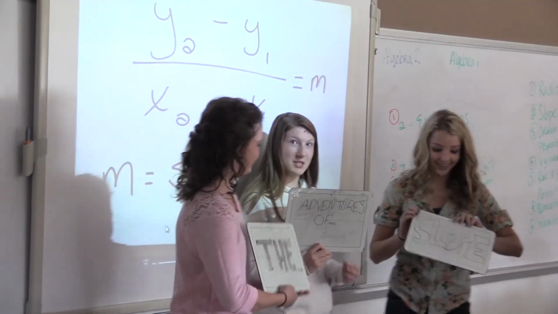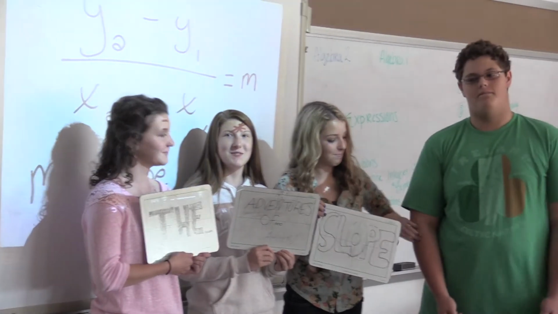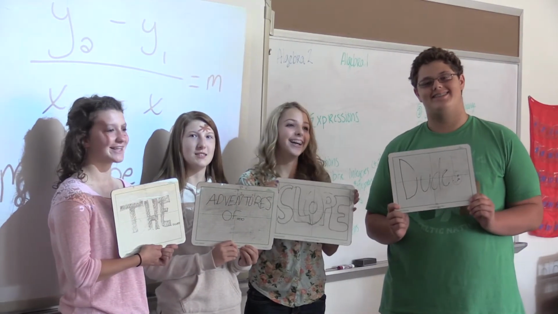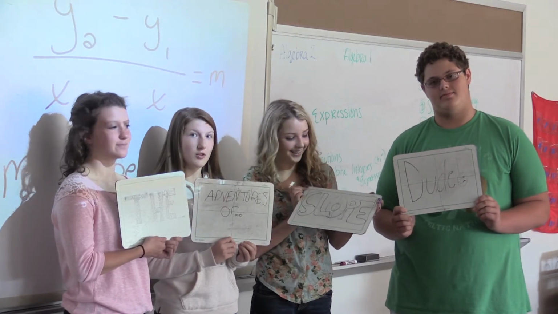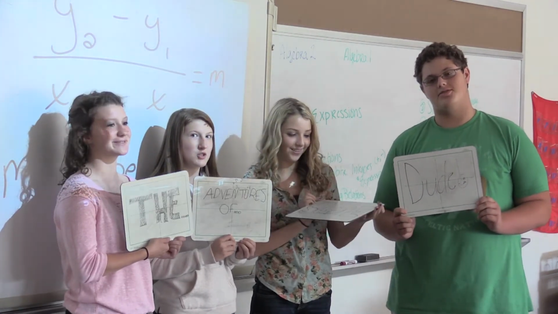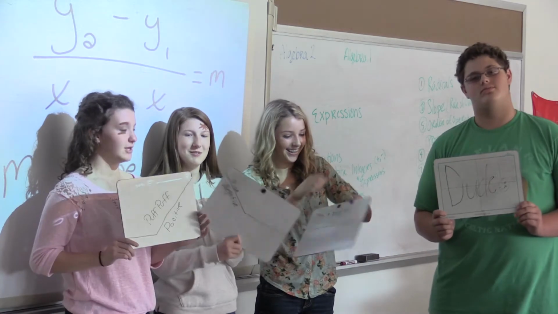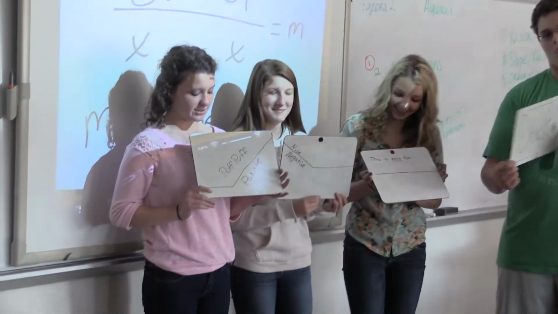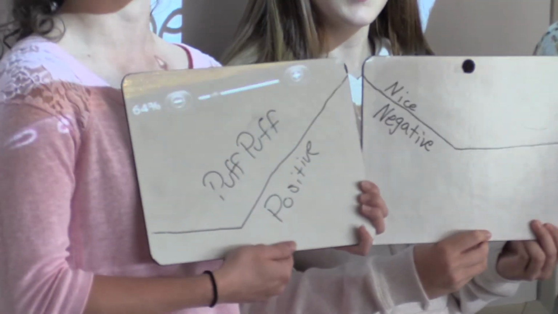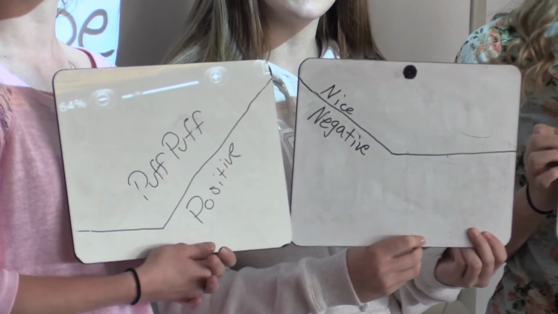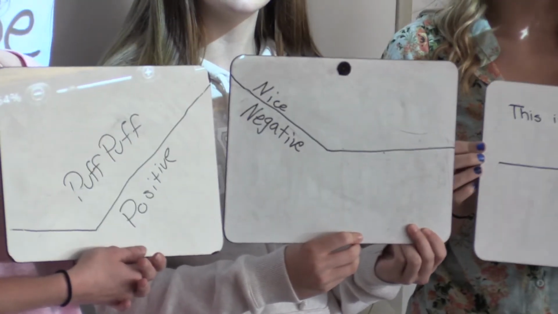The wonderful Mrs. Shoemaker showed us a fabulous video of slope that is related to real-world situations called The Adventures of Slope Dude. Slope Dude's adventure started whenever he was skiing up a hill. As he skied up the hill, he said, puff, puff, follow. His adventure continued skiing down a hill, which he said, nice negative.